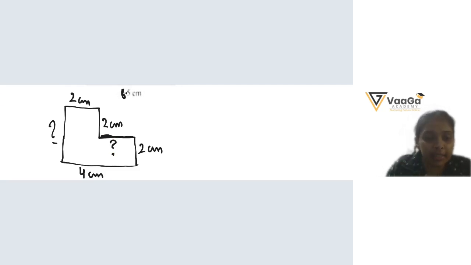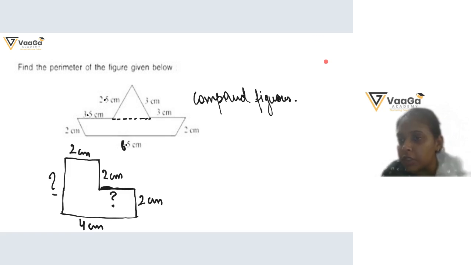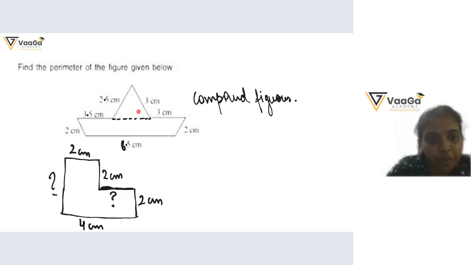Now, just a second, I'll make it full screen. Now, if you see this very carefully, I know that this whole side is 4. Let me use a different color for you. I know that this whole side is 4.